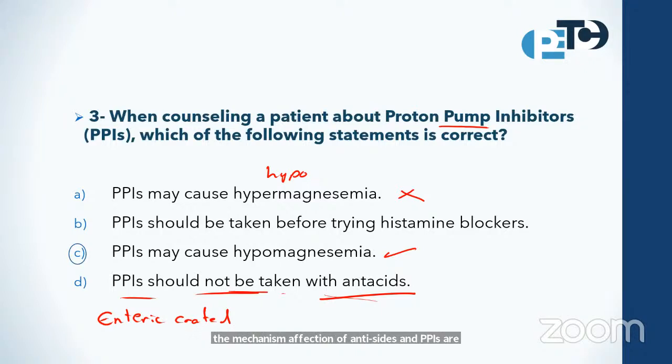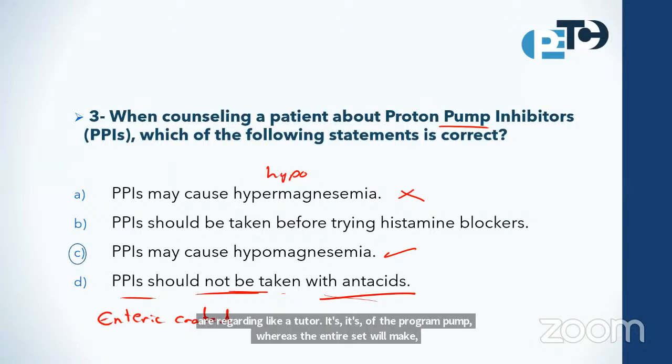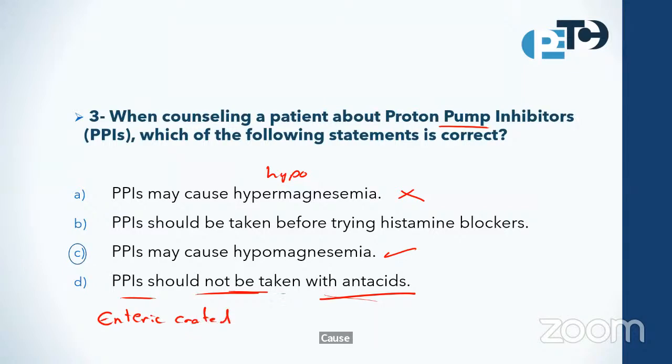PPIs are related to the secretion of the proton pump, whereas antacids neutralize acid. The reason here is that the PPI is affected by the HCl of the stomach. If the PPI is administered as a normal tablet, not coated, it will be destroyed by the HCl of the stomach.